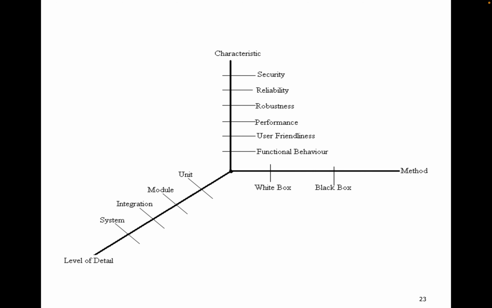These are the different testing methodologies. The characteristics tested are security, reliability, robustness, performance, user friendliness, and functional behaviors. There are two main methods in testing methodologies, white box and black box.